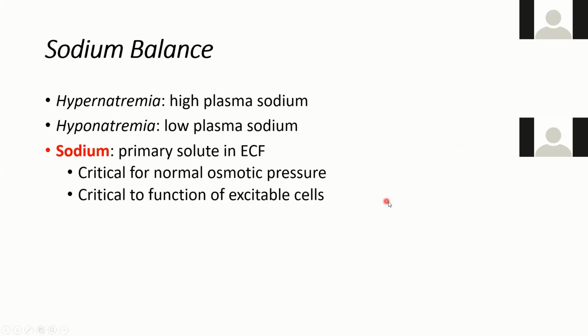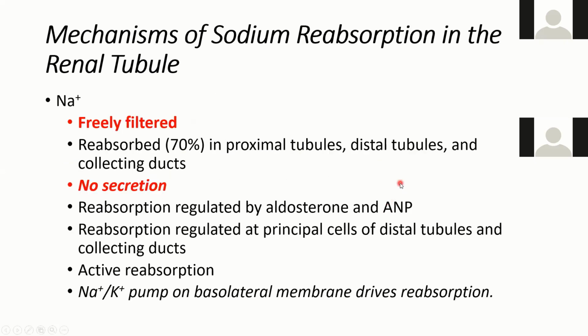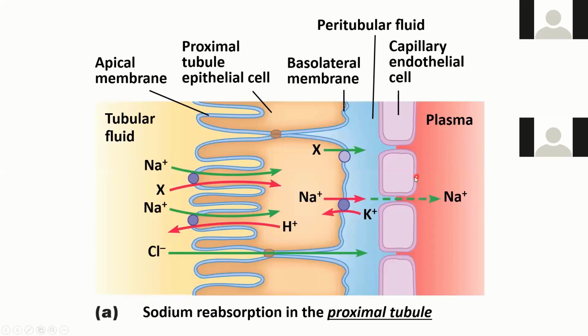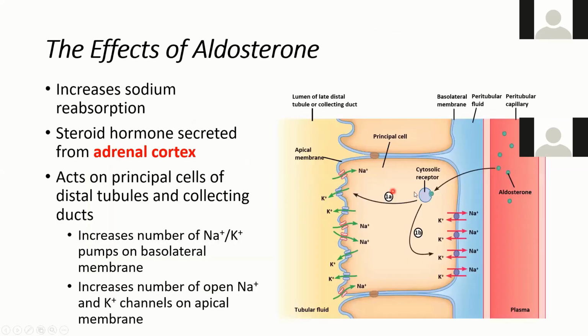Okay, so we looked at sodium balance specifically as it is related to the hormone aldosterone. And we looked at what we call the RAAS, or the renin, angiotensin, aldosterone system.